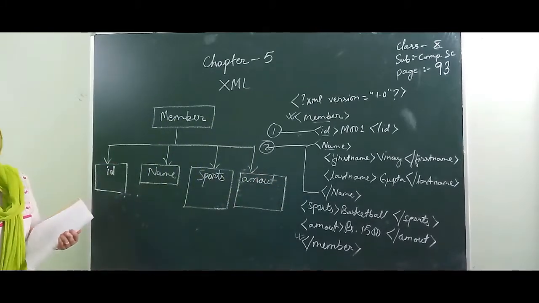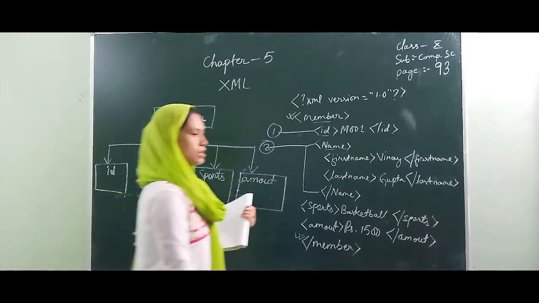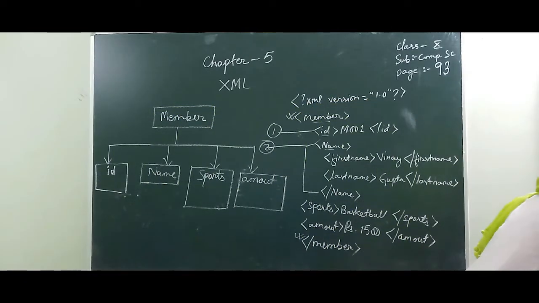These are the four child elements of the member element.